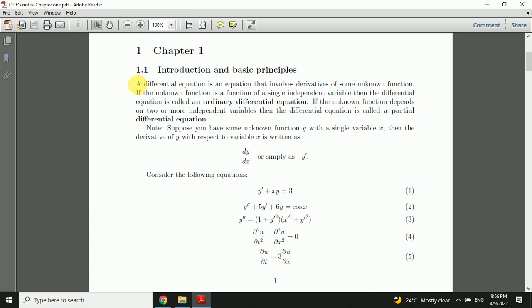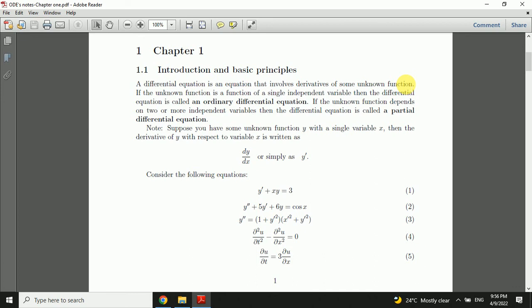I have the definition here that a differential equation is an equation that involves derivatives of some unknown function. So you have some unknown function, and that unknown function has derivatives in it.